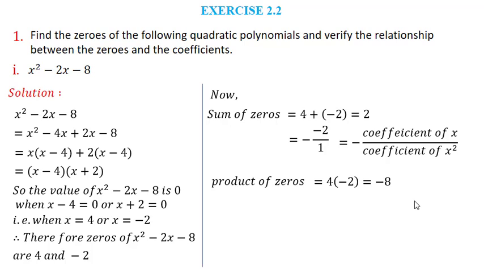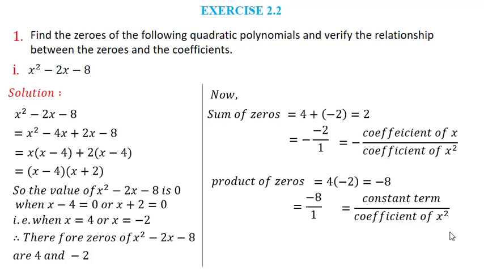As we have seen in previous slide, product of zeros is c upon a. So I will write this minus 8 as minus 8 upon 1, which is constant term divided by coefficient of x square. So these relations already we have discussed. Here what we are doing, here we are verifying the relations. That means we are first finding zeros, then we are finding their sums and their products, and we are checking that they are equal to the relations which we have already studied.